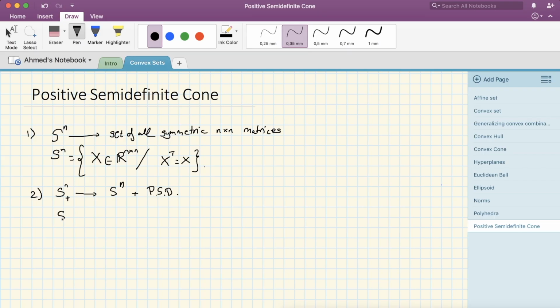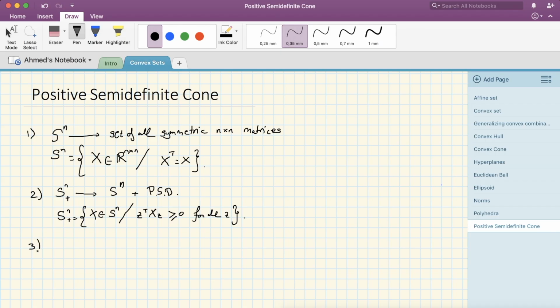Mathematically, it's all symmetric matrices such that Z transpose XZ is greater than or equal to 0, because we have the semi, for all Z.